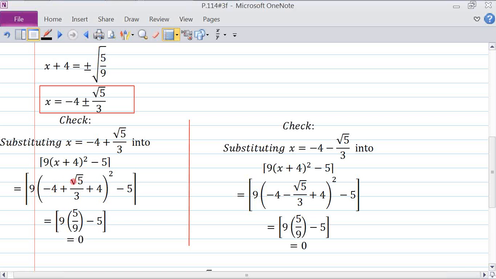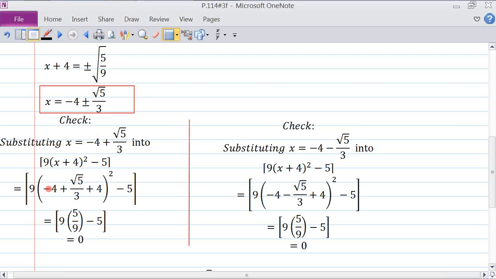So this x here is replaced by these two terms, and this plus 4 is this plus 4 here. And what happens is the plus 4 and the minus 4 sum to 0. And when we square root 5 over 3, we get 5/9. Root 5 times root 5 is 5, and 3 times 3 is 9.